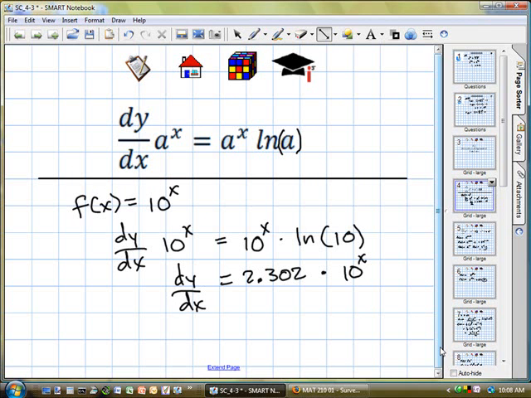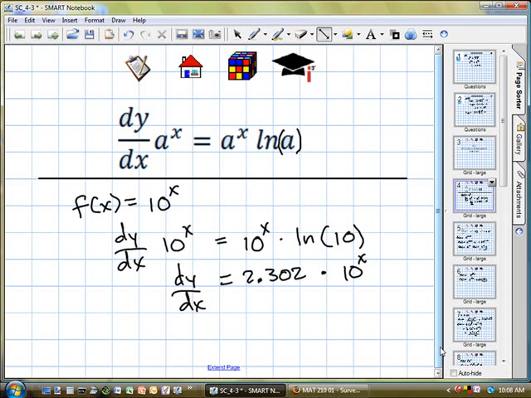So, here's what it's saying. If you want to take the derivative of some exponential thing, a to the x, that's a generic, that's the same guy we were working on the first 2 days of this chapter, a to the x, where a could be anything. Then the way to do it is this.